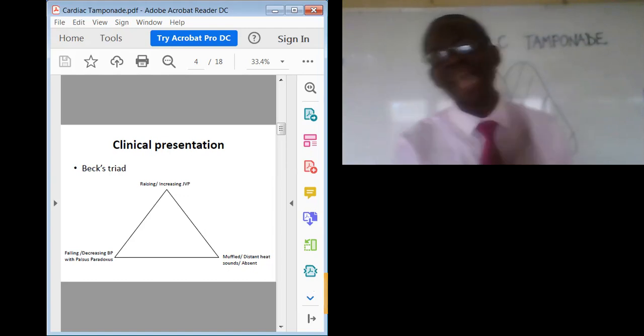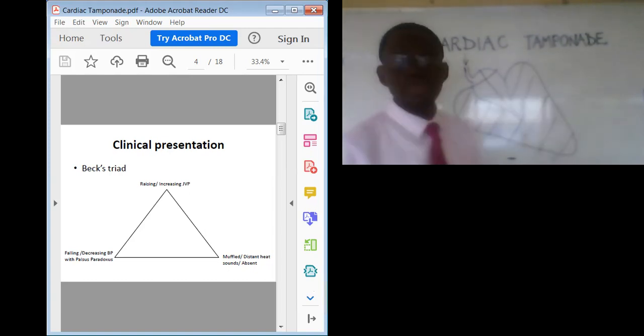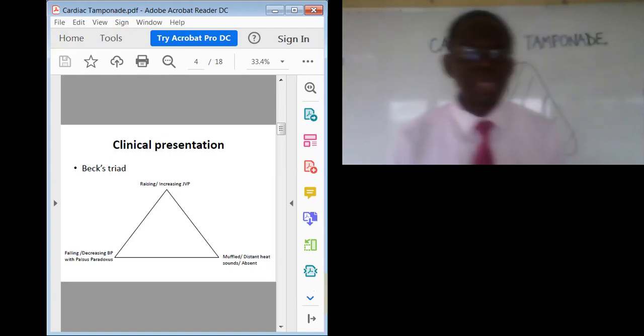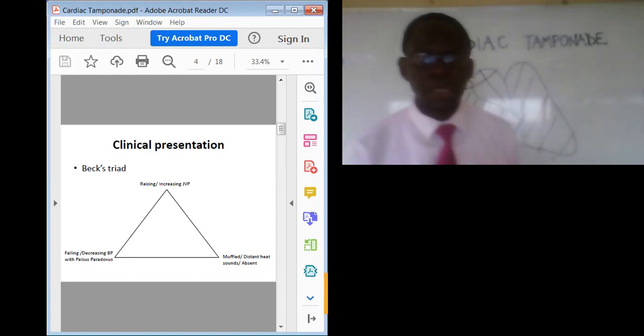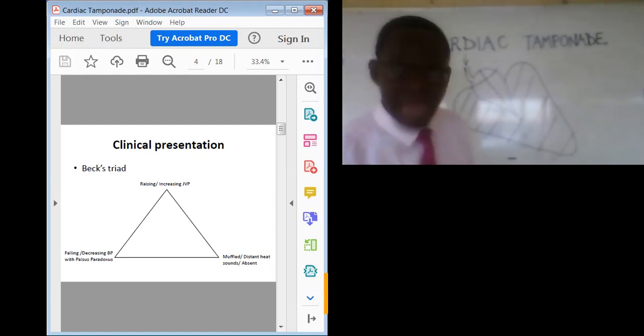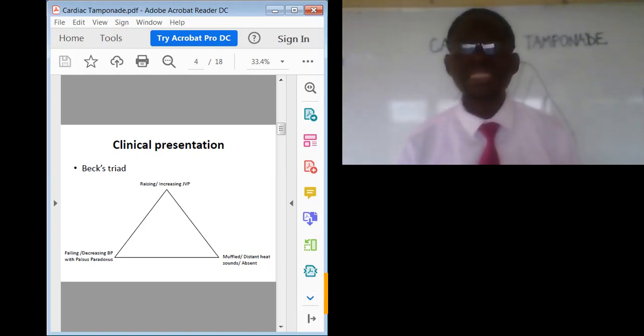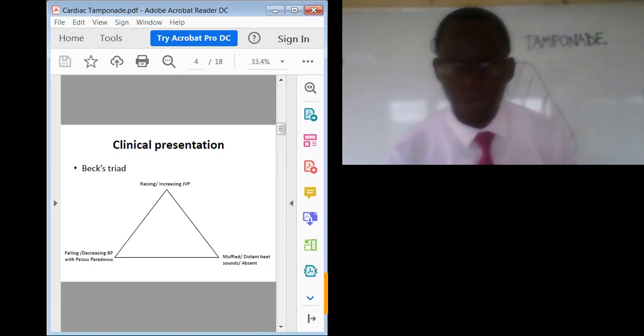Because blood is unable to return to the heart because of the too much pressure that is pressing onto the heart chambers. The other one is what we call a falling blood pressure. Because little blood is returning to the heart, the blood pressure will also be low because there will be nothing to pump.